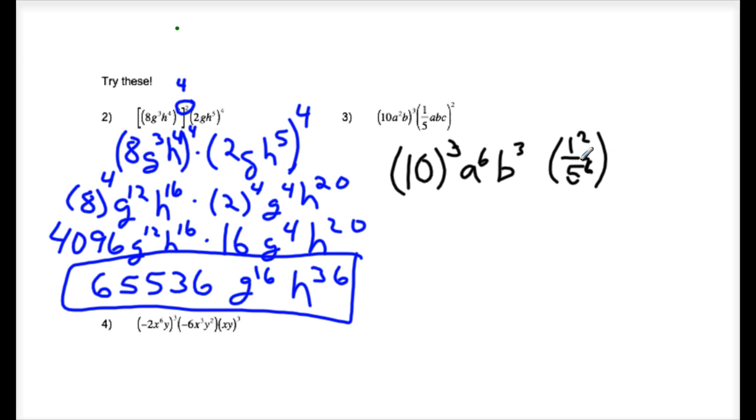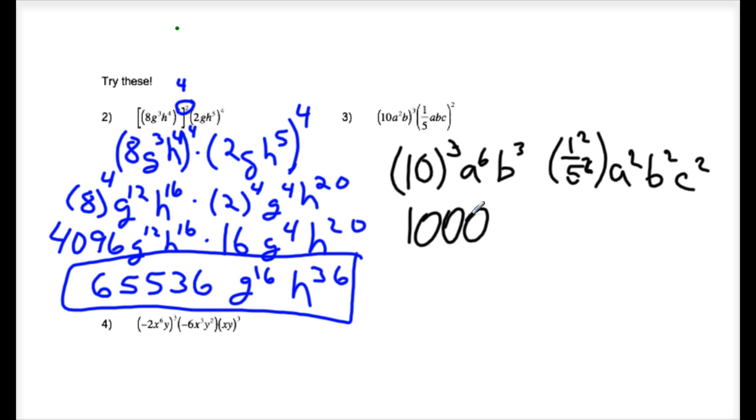It's g to the 4. You've lost your 4 on that g. So write 1 over 5 squared. No, I would write it this way. Well, you can write it that way, but I write it to the third power.